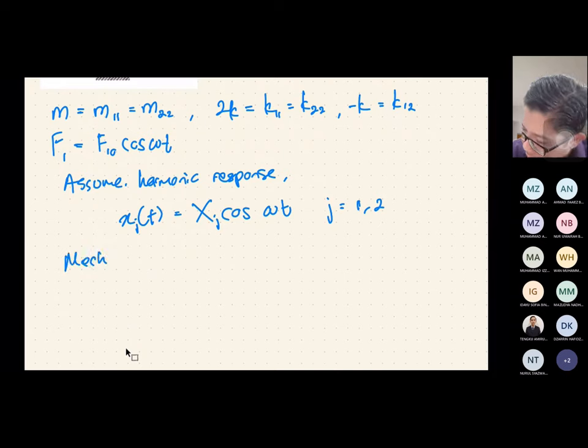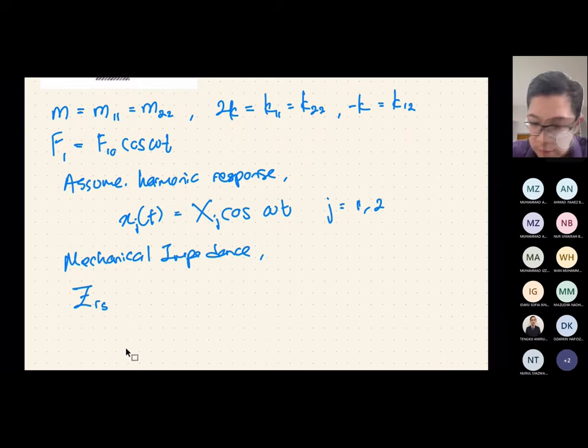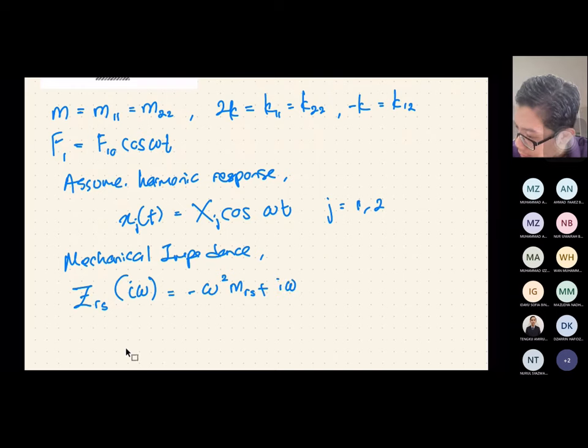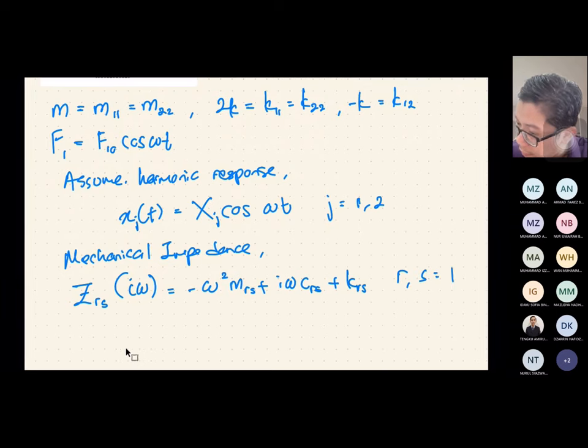In mechanical impedance, the general equation for mechanical impedance, this one I think we did not talk about in the notes, uses imaginary numbers. So it is minus omega squared m_rs plus i omega c_rs plus k_rs, where r and s over here are 1 and 2. Okay, so this is the general equation.